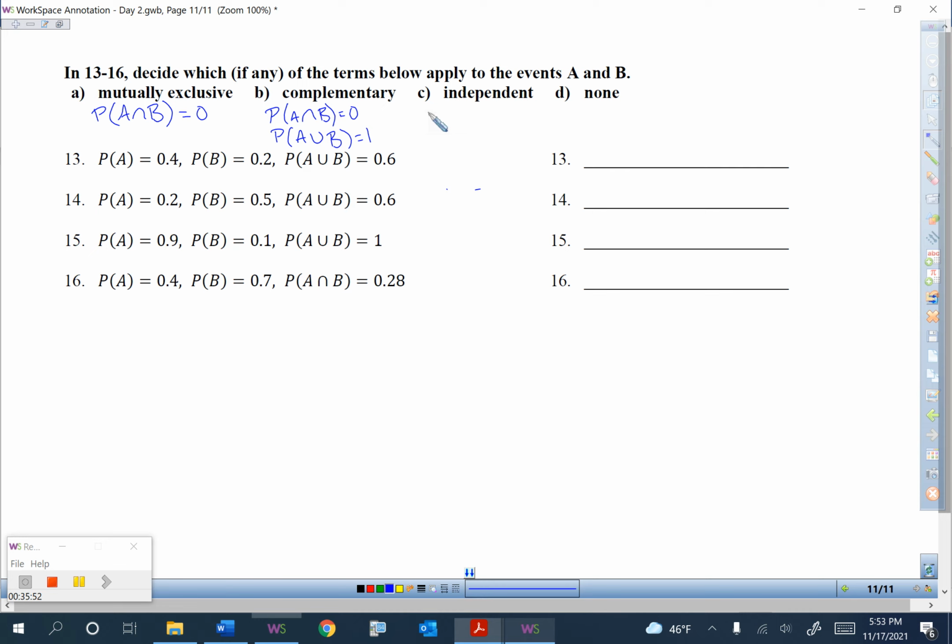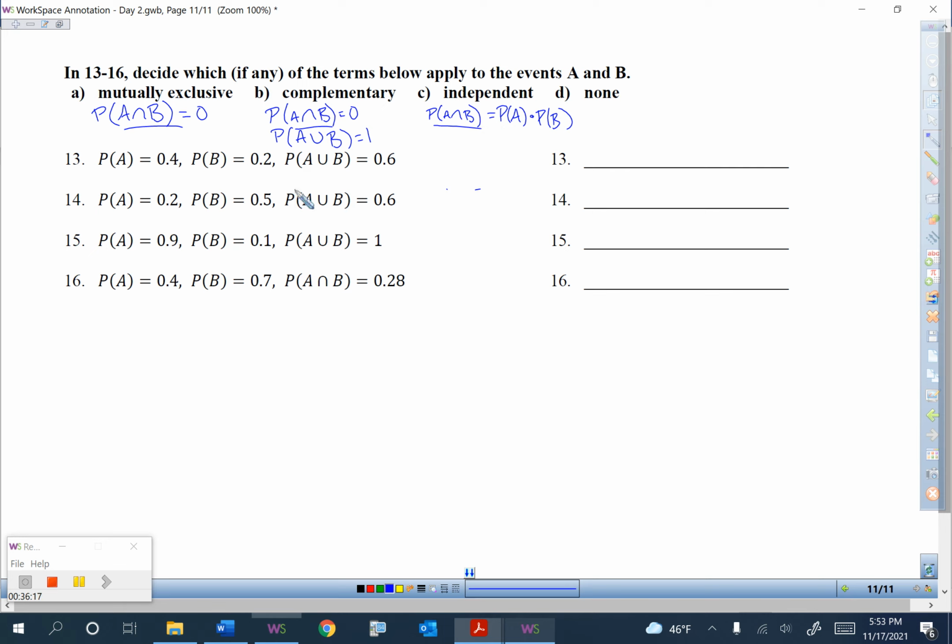Independent, we learned today. That says that the intersection should be equal to the probability of A times the probability of B. And then none would mean none of those patterns are happening, meaning you've checked all of them. Okay, so we're going to go through here, and because all of these requirements use the intersection, we've got to make sure we have it first.